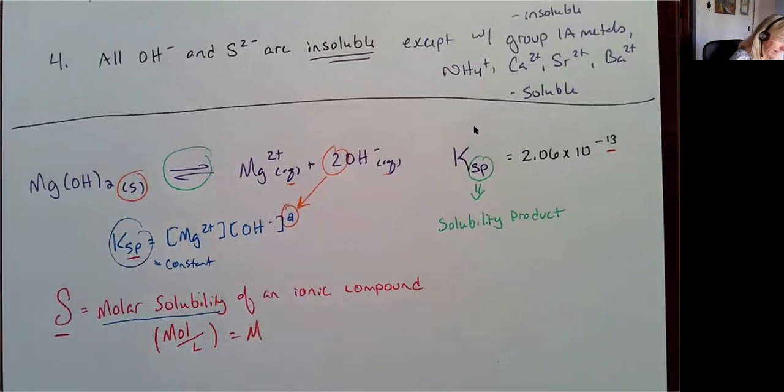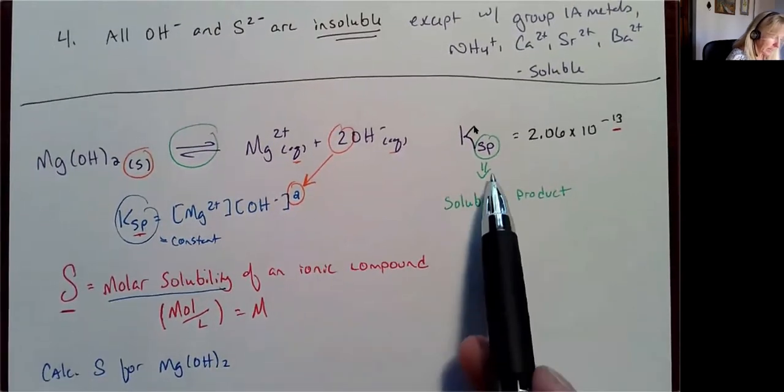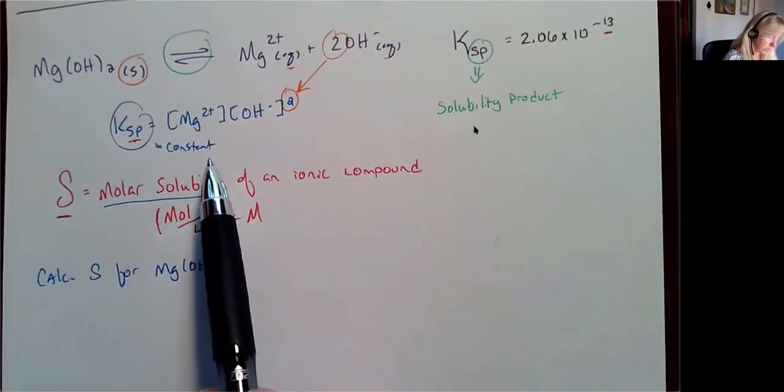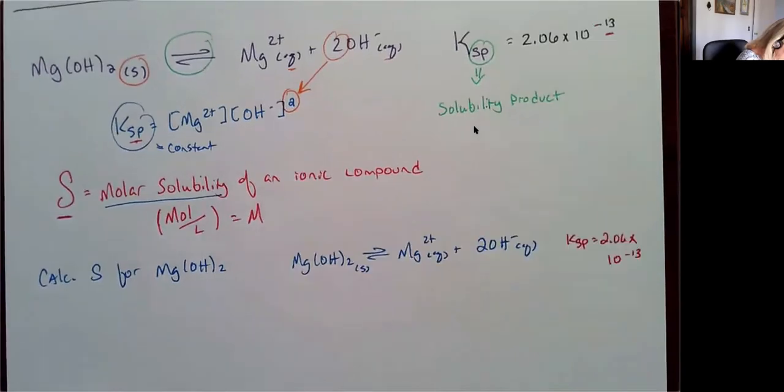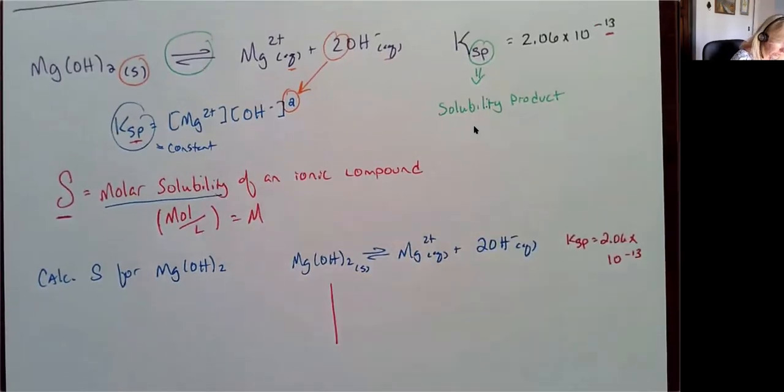So let's say I want to calculate s for magnesium hydroxide. What I know is I have my Ksp for magnesium hydroxide. I also have my law of mass action, so I'm going to set this up like an ICE table. I'm not going to worry about my initial concentrations here because this is a solid. It's not in my law of mass action, so I don't really care what's happening over here.